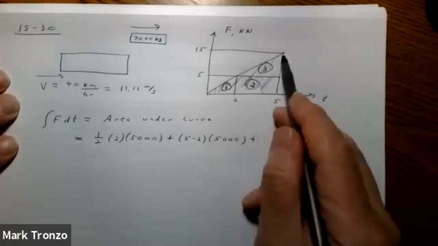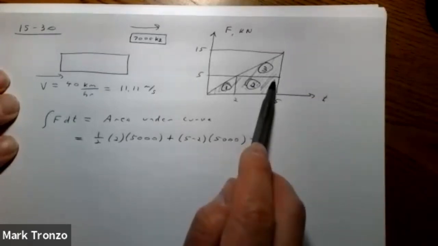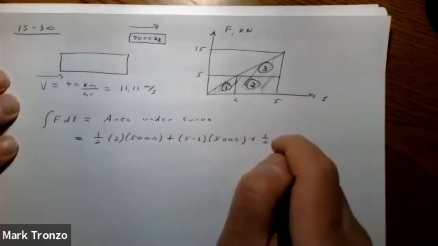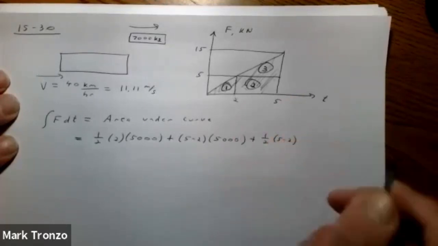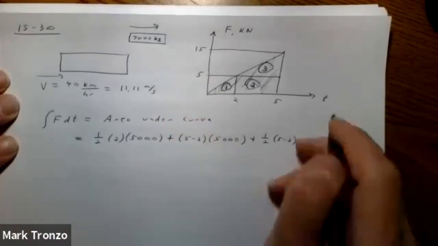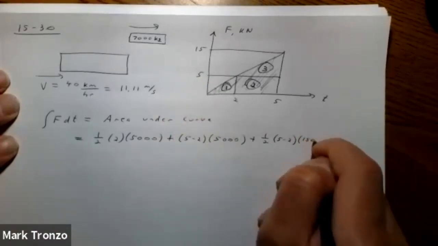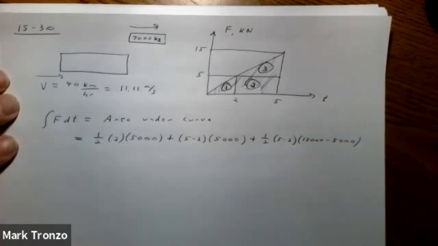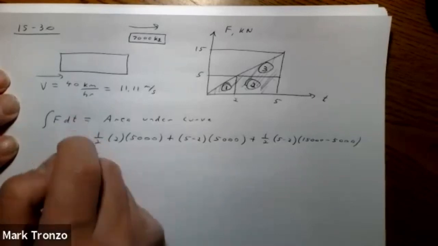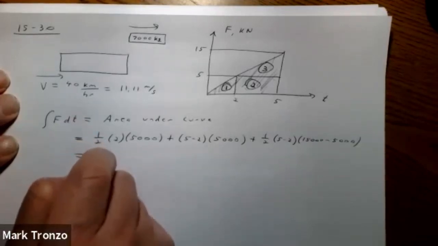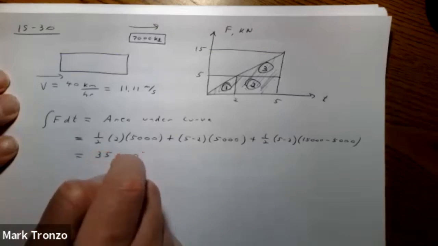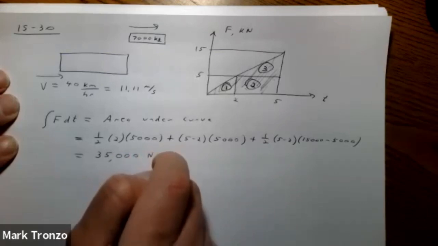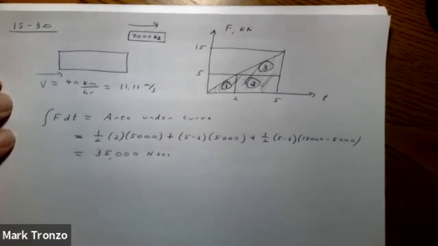And then this triangle up here is going to be 1/2 the base times the height. So the base is going to be 5 minus 2, and the height is going to be 15,000 minus 5,000, like this. So that's just going to be 35,000. I guess I should be putting the dimension down. That's newton-seconds would be the units there.